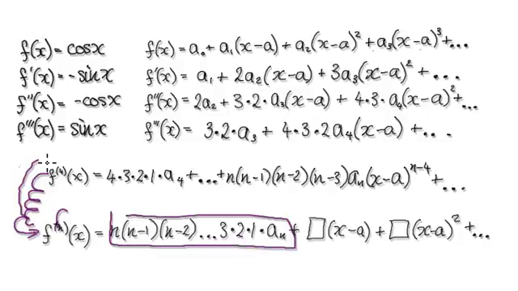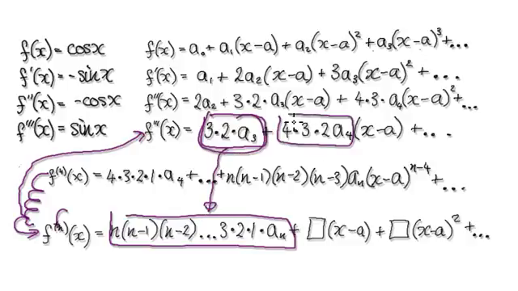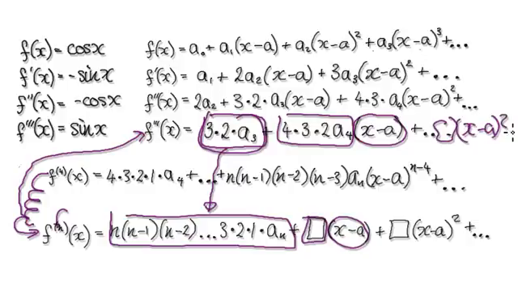So if you go back to the third derivative, if you look at this constant here, in a way that matches up with this, and then you've got a constant, and then another constant, and then the next one you will have something, and then it will be x minus a squared.